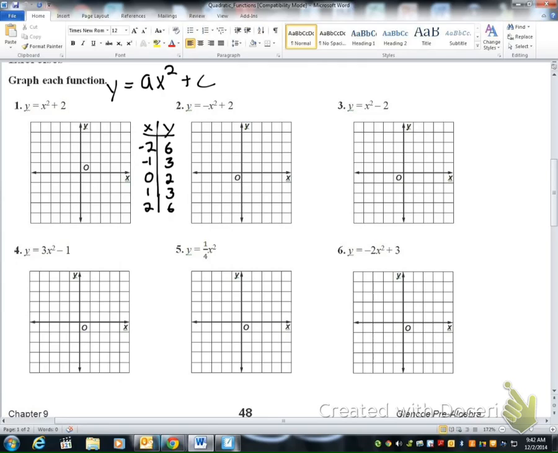Come on. Cooperate. All right. So there's -2, 6. -1 means we're going to go to the left half of 1, and up 3, so I'm going to go up 1 1/2. 0, 2 means I go simply up 1.